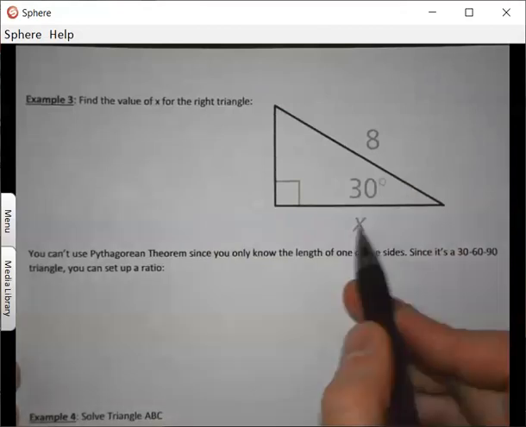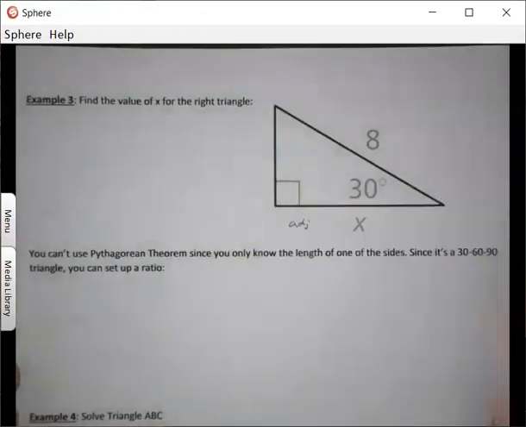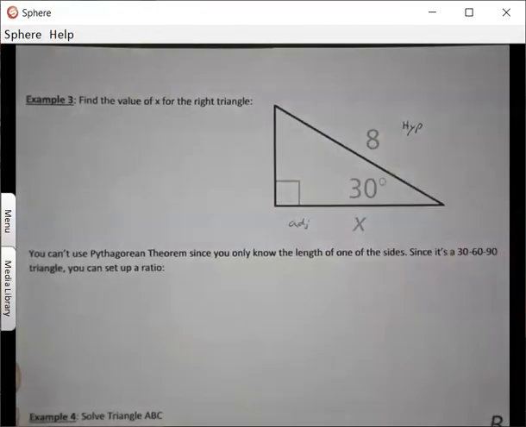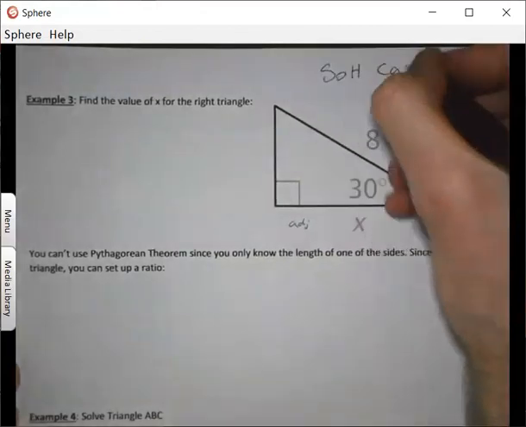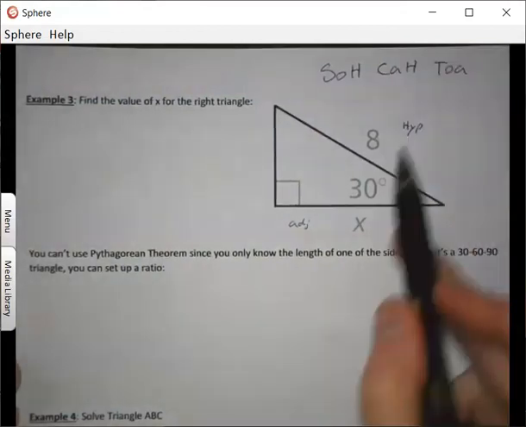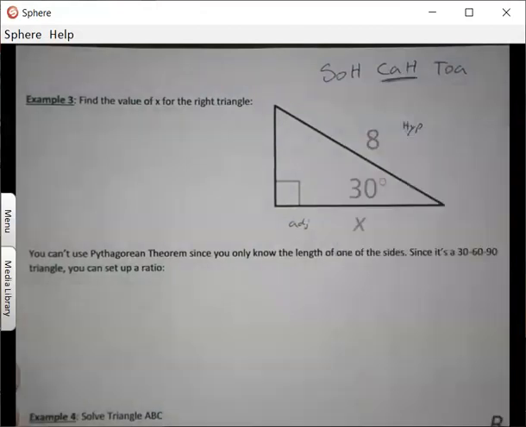So this would be the adjacent side. This would be the hypotenuse. If we go back to SOHCAHTOA, well, adjacent hypotenuse, that's going to be cosine. So let's set up our ratio.